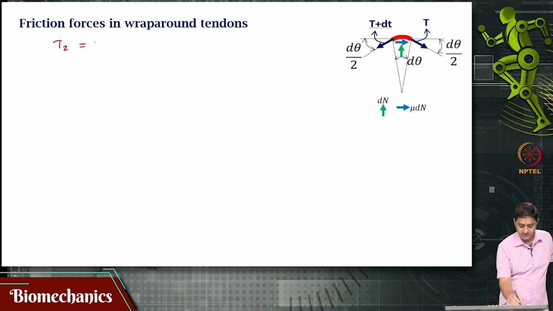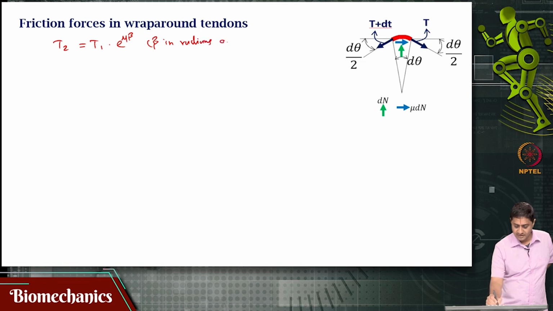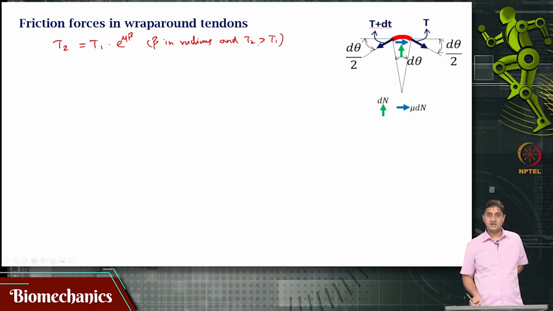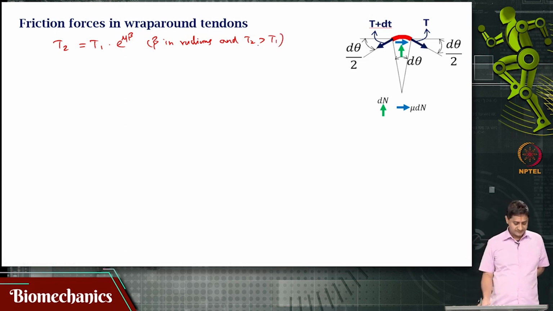The Euler-Eytelwein formula is T2 equals T1 e power mu beta, where beta is in radians and T2 is greater than T1. Okay. This is the Euler-Eytelwein formula.